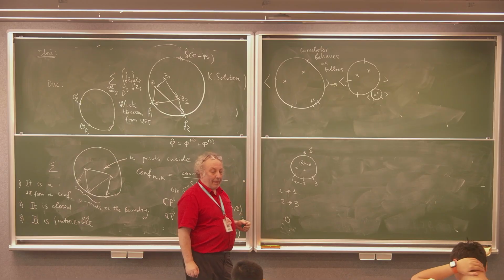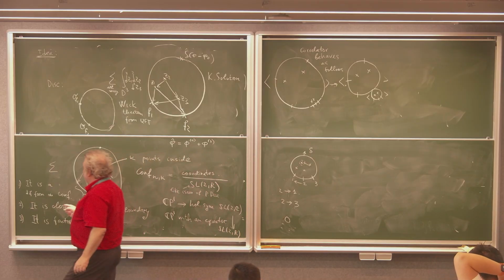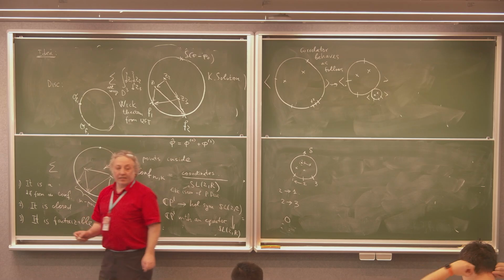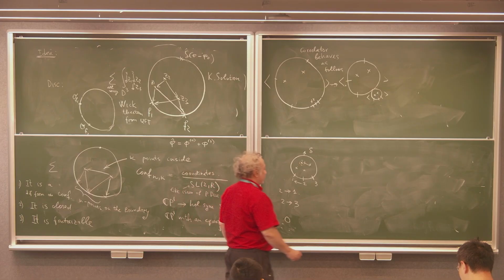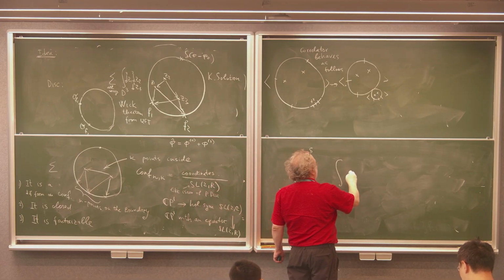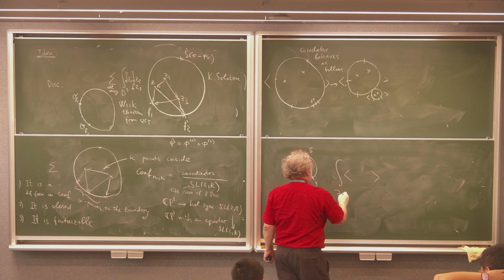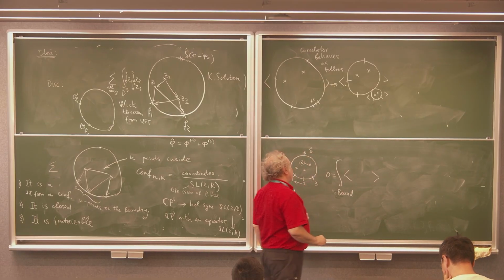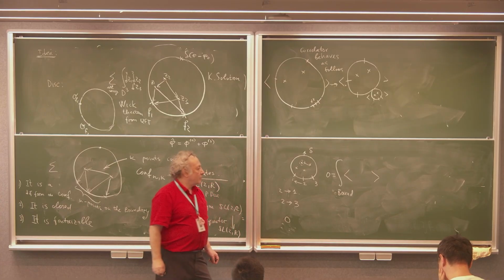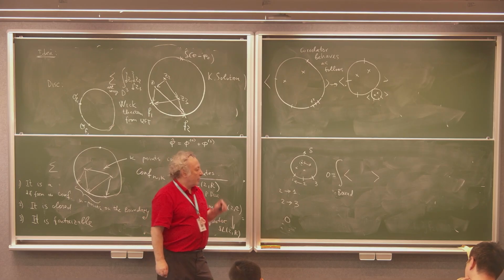And then, since the differential form is closed, its integral over the boundary is 0. So the integral of the correlation over the boundary equals 0. But now let us see what kind of components we have.